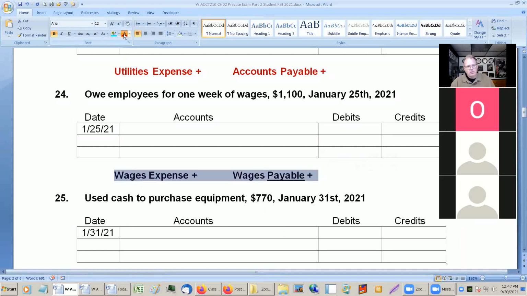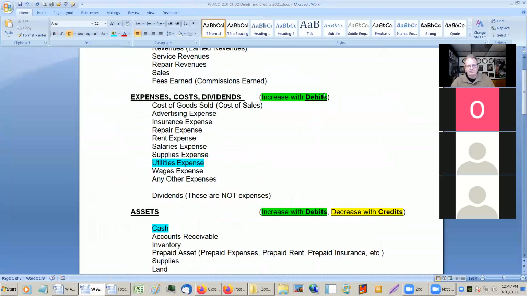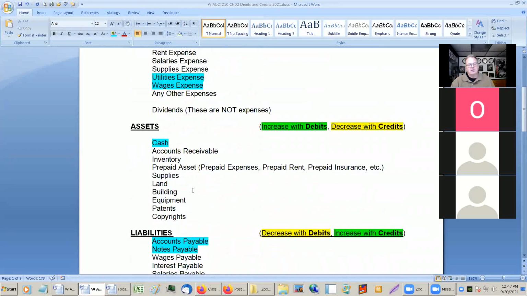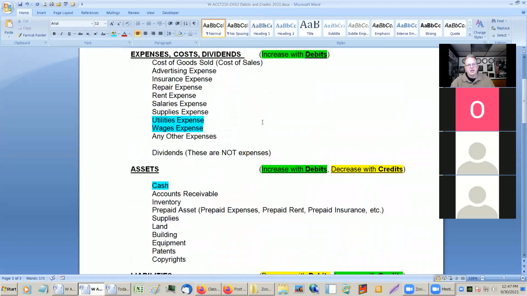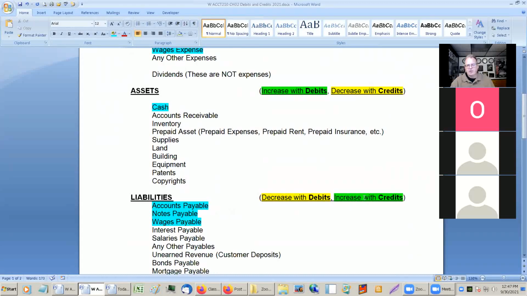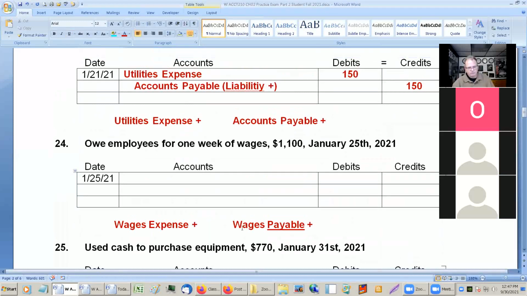And so we owe debits and credits. Although this is an expense, so it's a debit. I do wages expense. Okay, so wages expense and wages payable. So expenses are always debits, but this wages payable is going up, it's going to increase with the credit. So there is a reason why it's a credit.